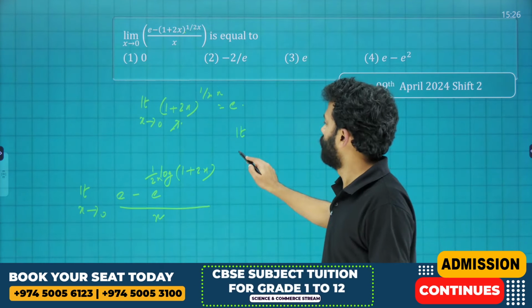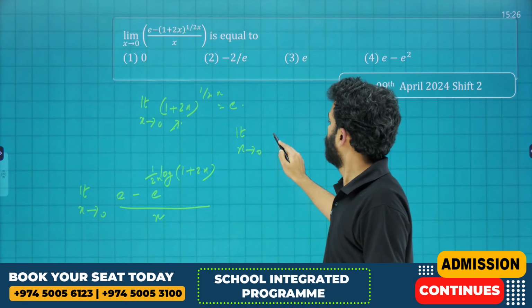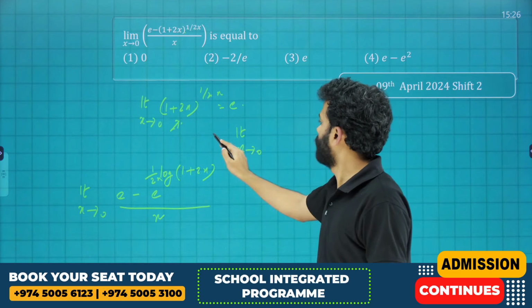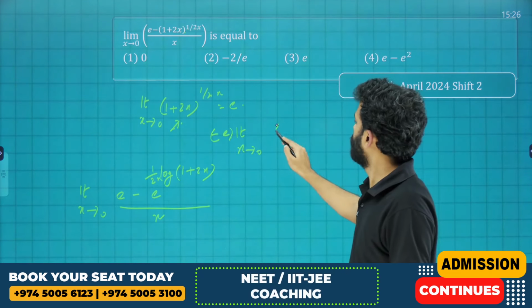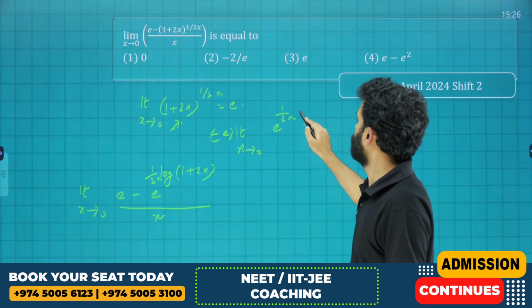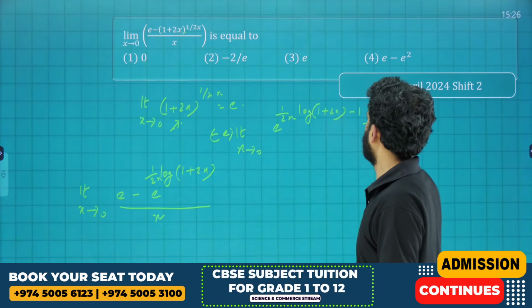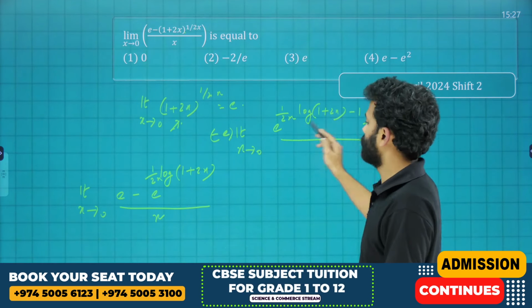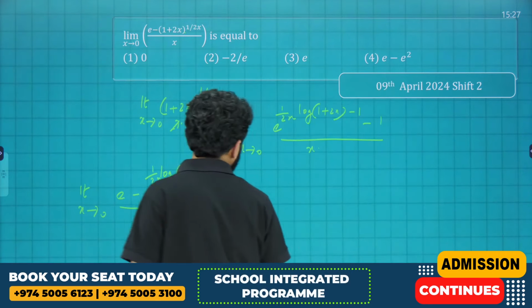Therefore it becomes limit x tends to 0. If you take minus e outside, it will be minus e here. That we can deal with later. Into e raised to 1 by 2x into log (1 plus 2x) minus 1, divided by x.